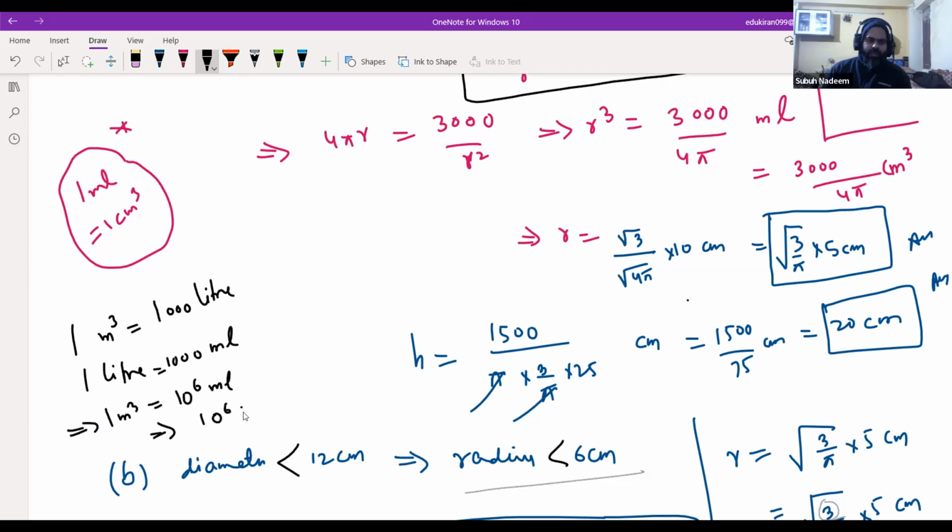So 10 to the 6 centimeter cube is equal to 10 to the power 6 milliliter. So 1 centimeter cube is equal to 1 milliliter.